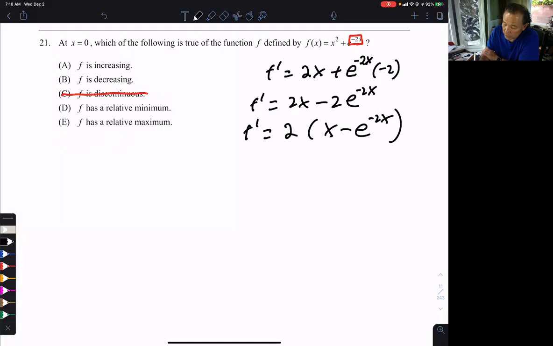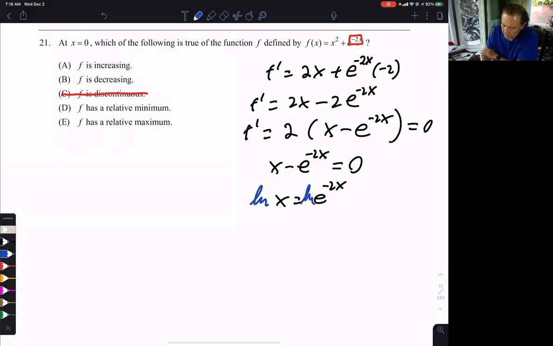And if we want to find our critical points, we set that equal to 0. And I'm not sure what this is going to look like right now. So I'm going to add e to the negative 2x to both sides. So we're just going through the process as if we're trying to find a relative maximum or minimum. So we're trying to find the critical points. I need to ln both sides to get rid of the e. Those will cancel.